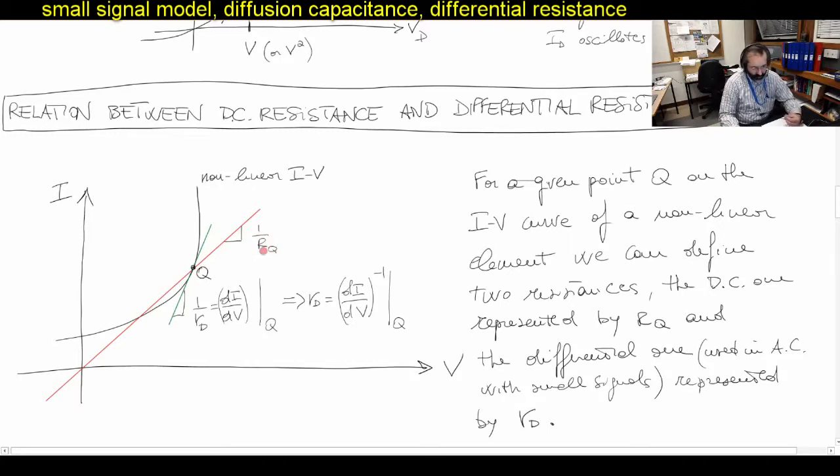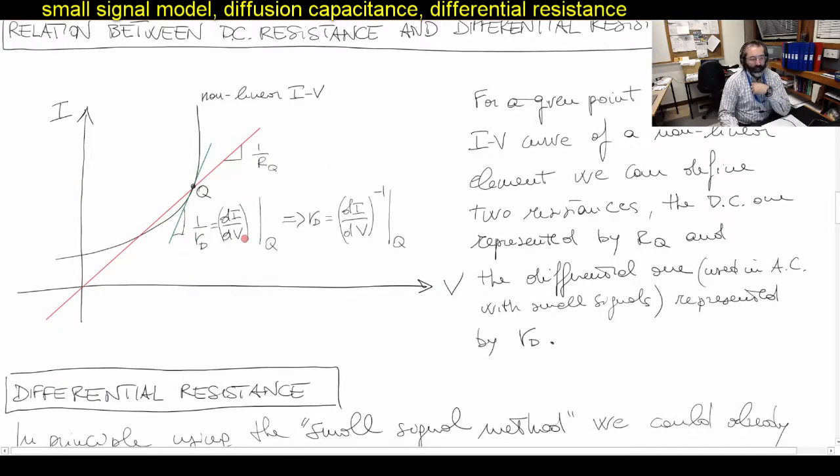The slope is 1 over RQ, where RQ is our DC resistance, calculated by V of this point Q, this value here, and I of this point Q, this value here. So if you do V of Q over I of Q, you find RQ.